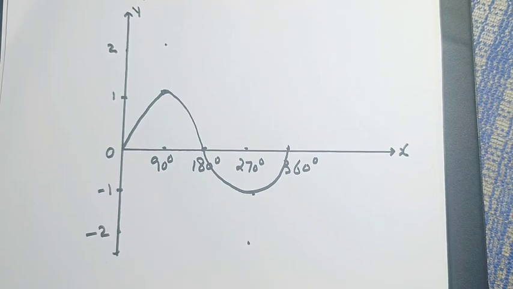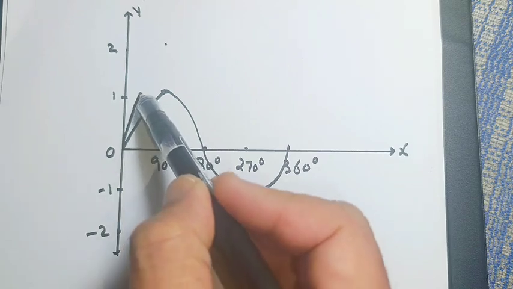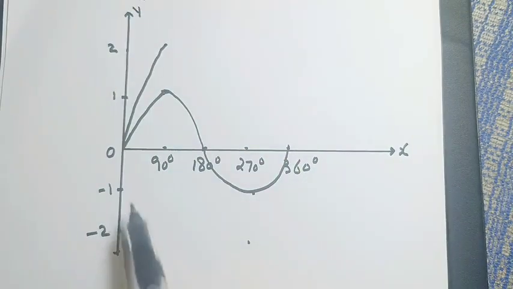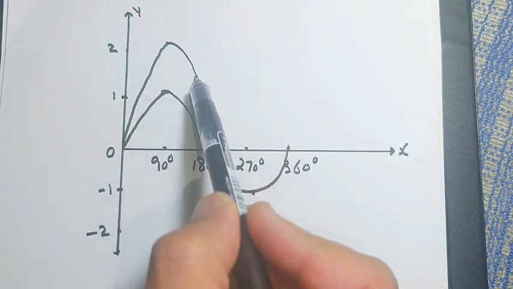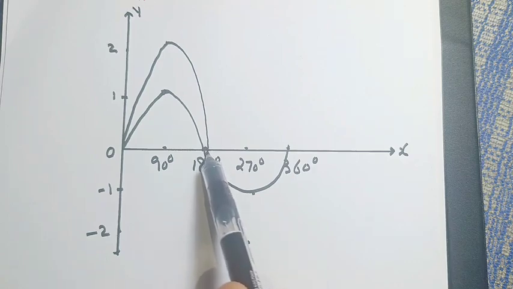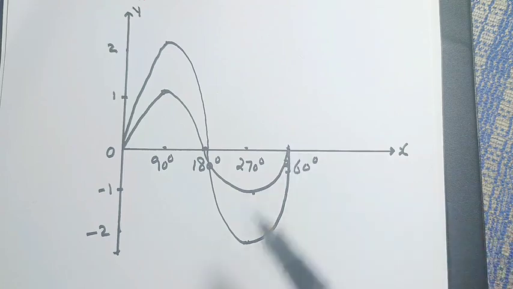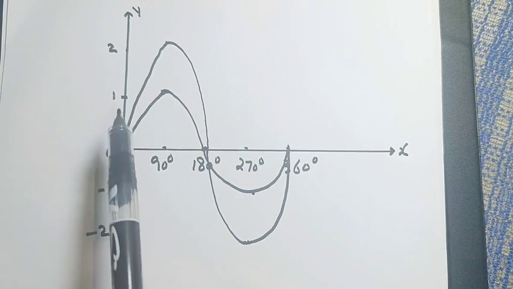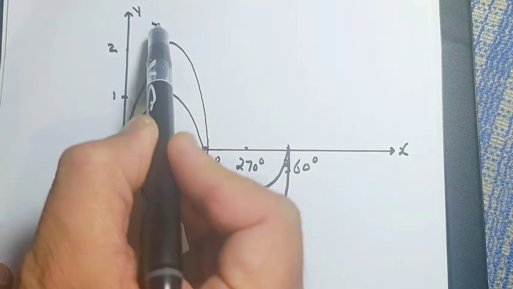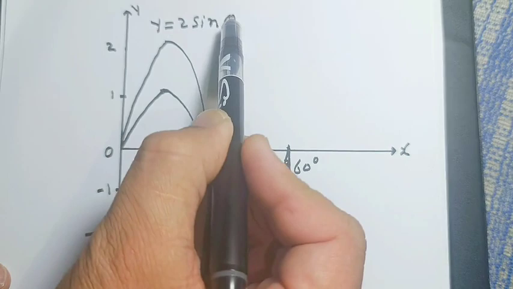Obviously, again this graph has to cut the x-axis also. So we go to the graph's maximum. After the maximum, the graph has to come down by 180 degrees, and from 180 degrees again, this is my minimum turning point, and then I'm going to go back to 360 degrees. Now the top graph is y is equal to 2 sine theta.